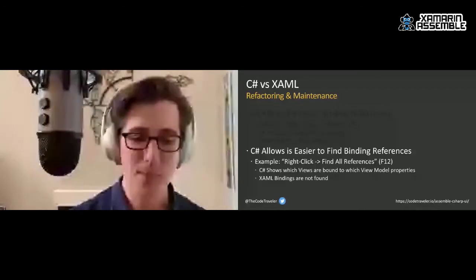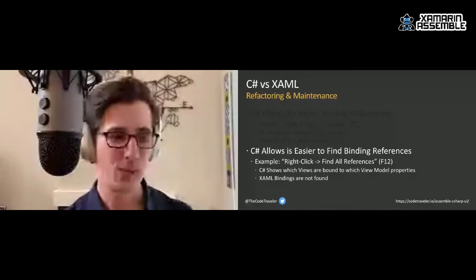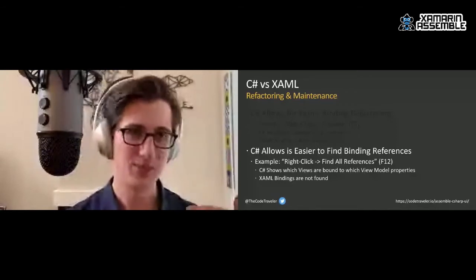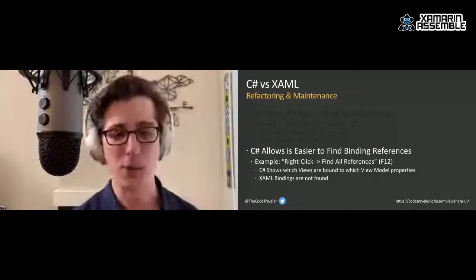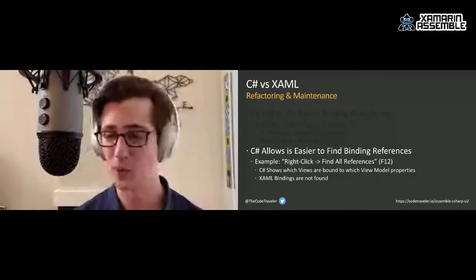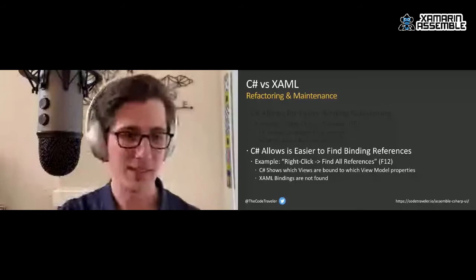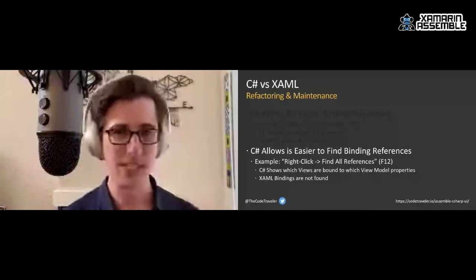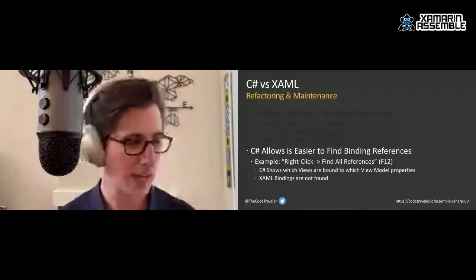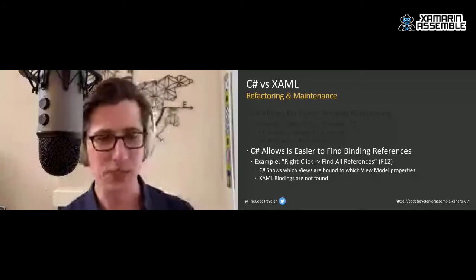Also in C#, if we want to find our binding references. So let's say you are new to a team that has an existing Xamarin.Forms app and you're trying to get up to speed. Or maybe you are fixing a bug that's in a different view model than the one you created, and one of your team members needs some help. So you jump in and say, okay, well, we have all these properties in our view model.